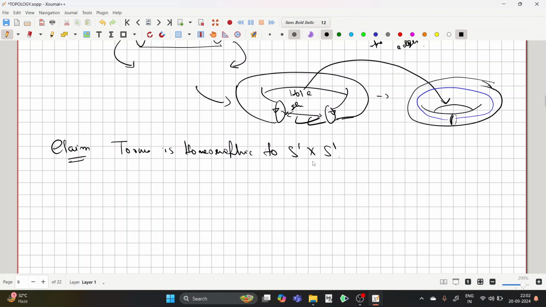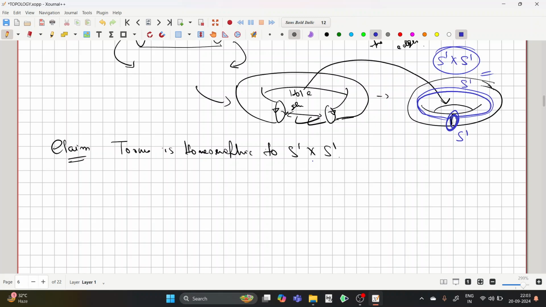An intuitive viewpoint for this claim is that this torus is identified by this circle, which is one S1, and this other circle which resembles another S1. So I have two copies of S1, I cross them as a product space, you can think of it like that, to get the torus, homeomorphic at least. Clear? Okay.